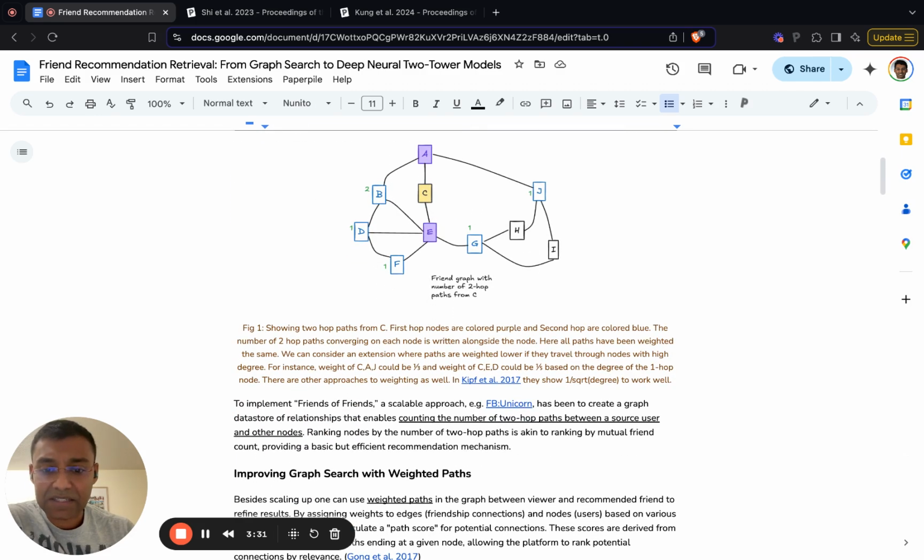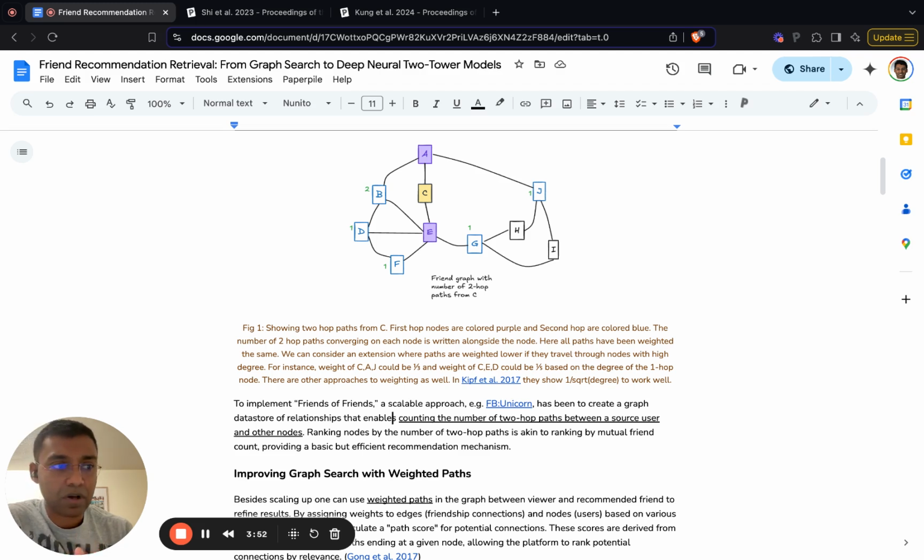And towards that, there's some research. I've linked to one from Facebook about how to do this. So this is the baseline here, which is already an awesome baseline, running friends of friends at scale.